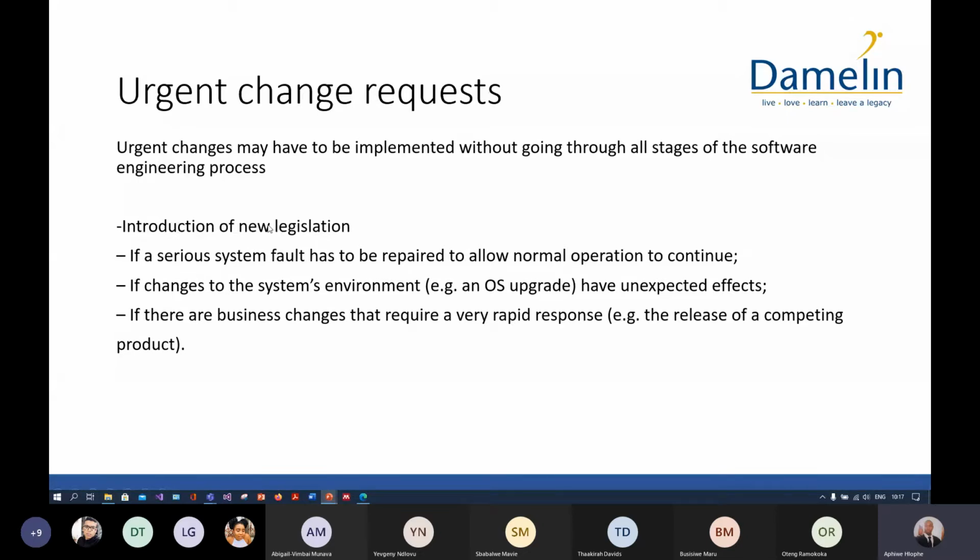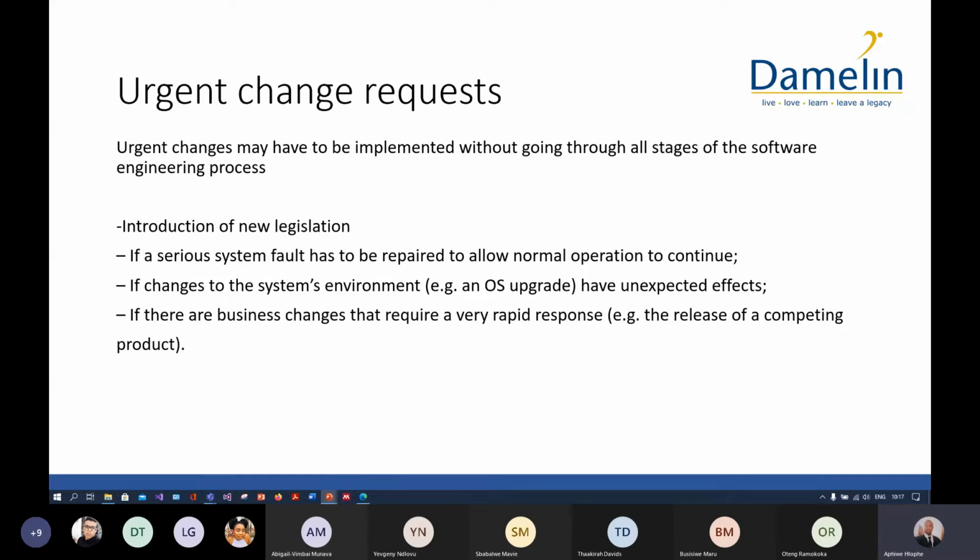Look at what happened with the COVID and the lockdowns. I don't think any company was expecting that to go into the first lockdown. So they needed to do something, seriously address their systems, because now people are working from home and so forth. So how do our systems adjust to that and accommodate people that are working remotely?